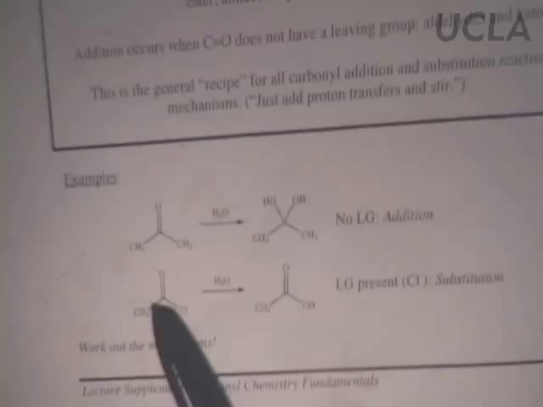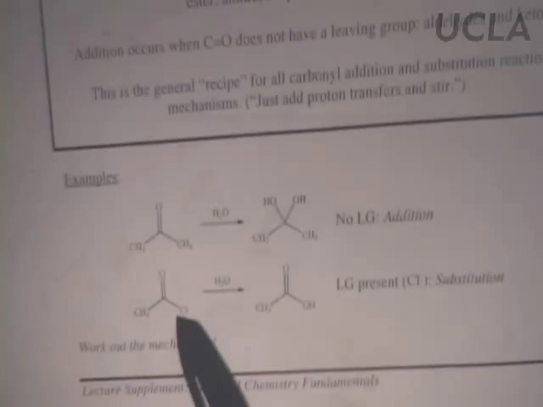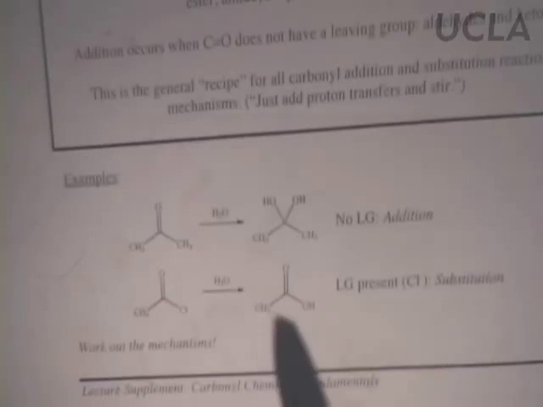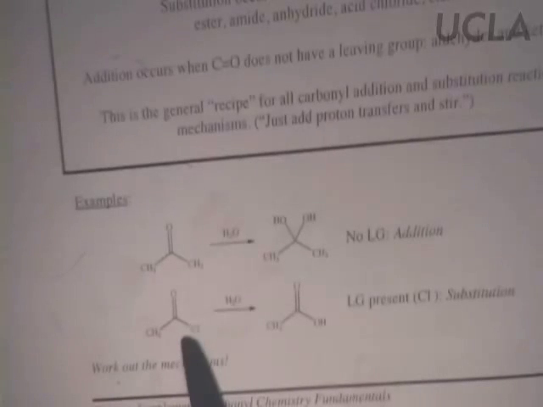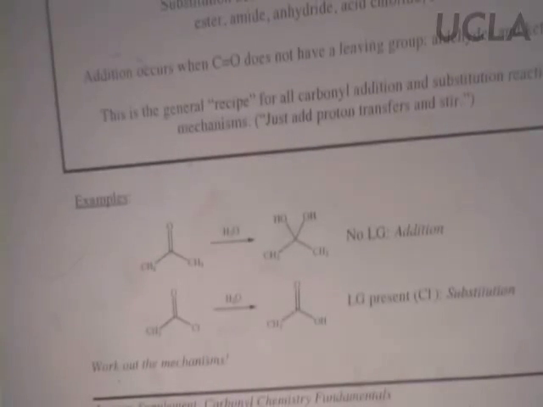On the other hand, if we have an acid chloride, where there's a leaving group, chloride, then the nucleophile can replace the chloride. Again, it has to go through this addition-elimination mechanism, but the nucleophile can replace the chloride, and the net effect here is a carboxylic acid. But, an important pattern to notice: we start with a carbonyl, we end up with a carbonyl. That's substitution. All right, so that's where we were last time.